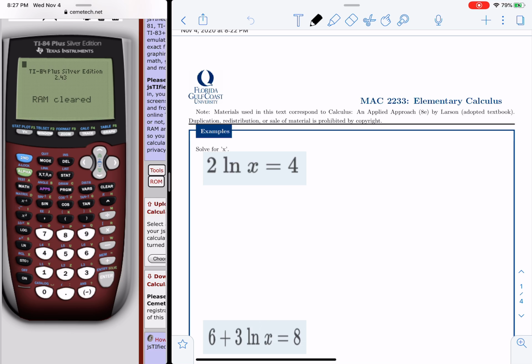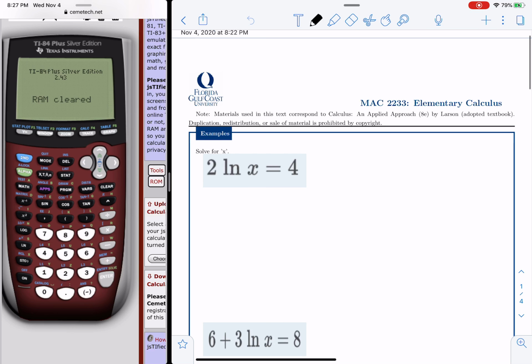The key to solving a logarithmic equation is to exponentiate, in the case of a natural logarithm or any base for that matter. So exponentiate, when we have a natural logarithm, simply means raising it to the power of e.